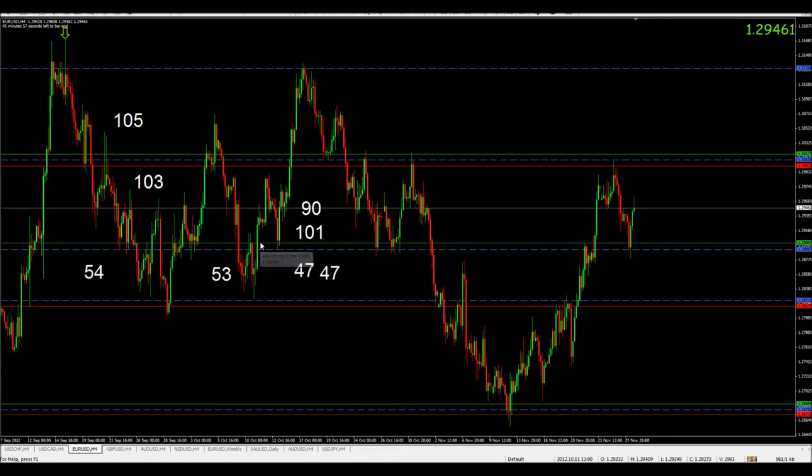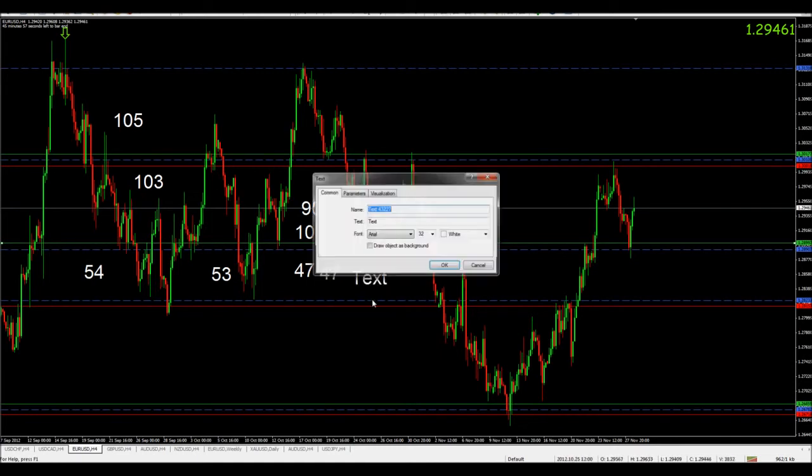So it comes up, then it does actually go to the target, which is here. So this one closes out. I'll just get the pips first there. 102 pips. Just put that in there.